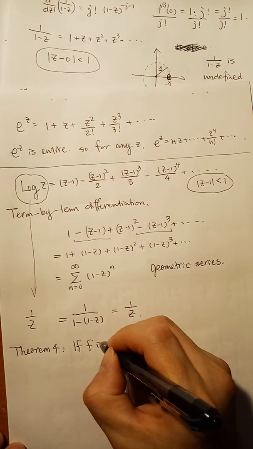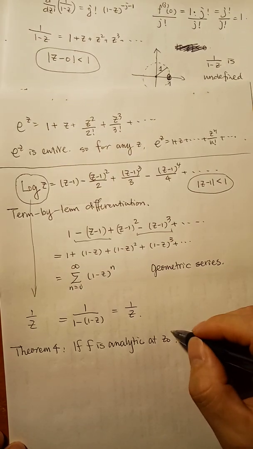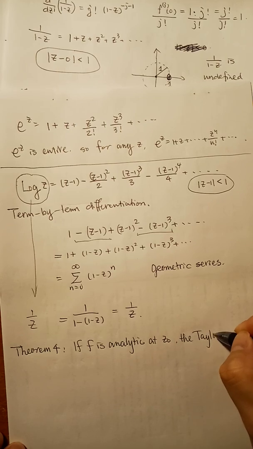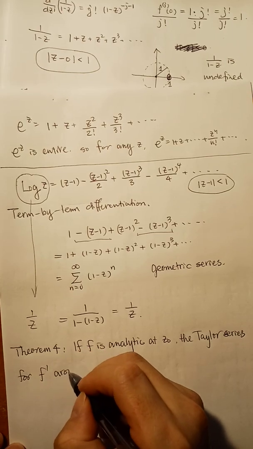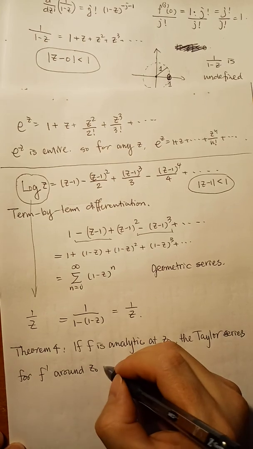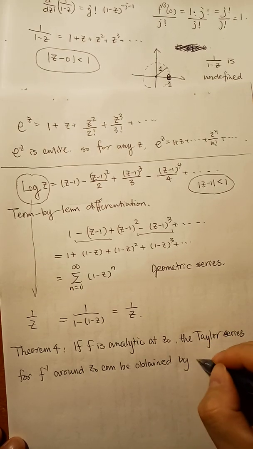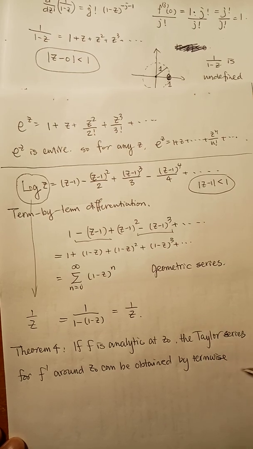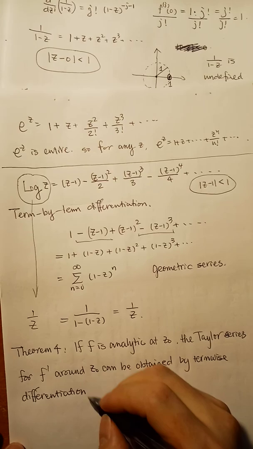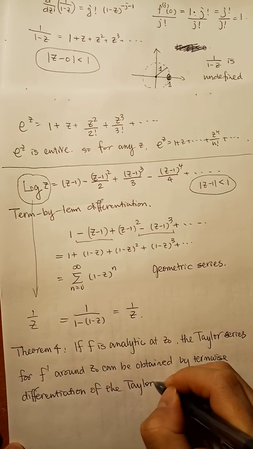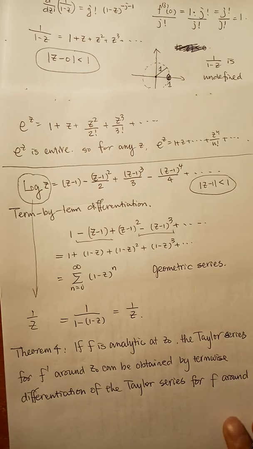If f is analytic at z0, the Taylor series for f prime around z0 can be obtained by term-wise differentiation of the Taylor series for f around z0.